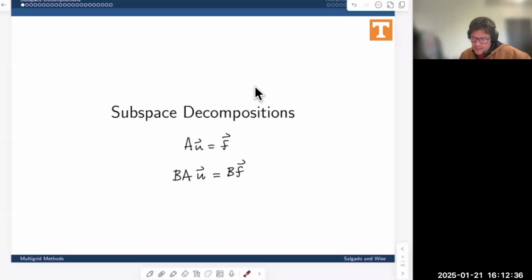We're trying to apply some sort of strategy to find a preconditioner which makes this condition number small, which allows us to apply a conjugate gradient or a steepest descent type of method. Now, what does this have to do with multigrid methods? Well, it turns out that the strategy for doing this isn't exactly the same as multigrid, but it's very closely related to multigrid. And in fact, we can actually use multigrid as a preconditioner.